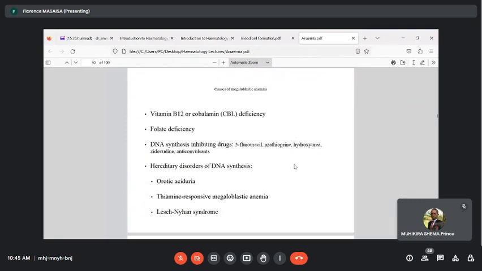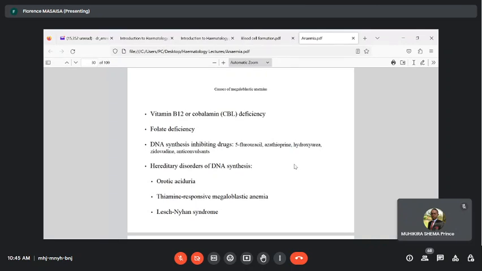So the disease is usually due to vitamin B12 or folic acid deficiency. Vitamin B12 deficiency is also called cobalamin deficiency, and the other is folate deficiency. Apart from the two vitamin deficiencies, also consider any medication which may interfere with the DNA synthesis.